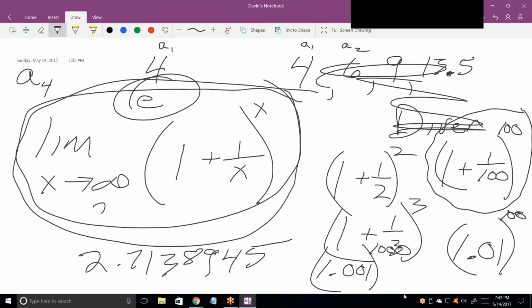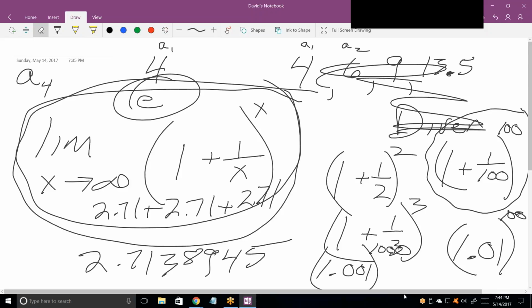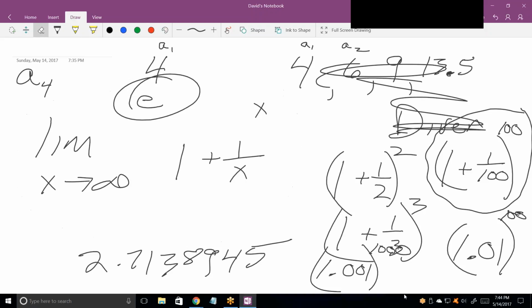So eventually I've got 2.71 plus 2.71 plus 2.71. The nth term is never going to be 0. And if the nth term isn't 0, then you have a divergent series, as opposed to a convergent sequence. So there is a difference.